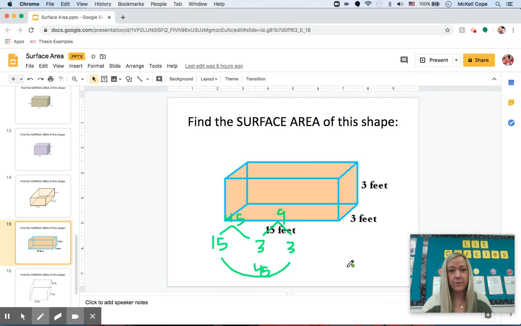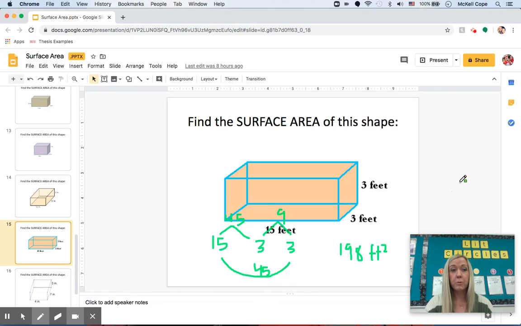I'm going to add 45 plus 45 plus 9. And that's going to give me 99. I take that total and I double it, or times it by 2. And your grand total for this one is going to be 198. Not just feet. Remember, whenever we're finding area, it has to be in square units. So it's going to be square feet.